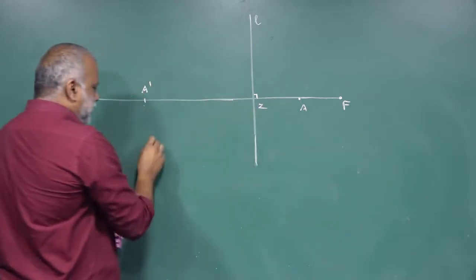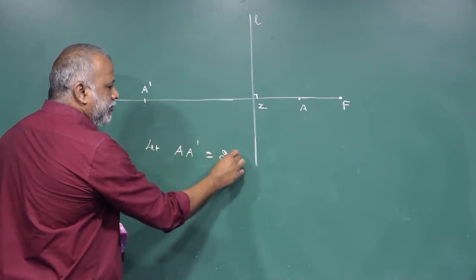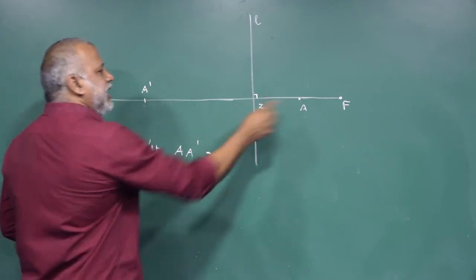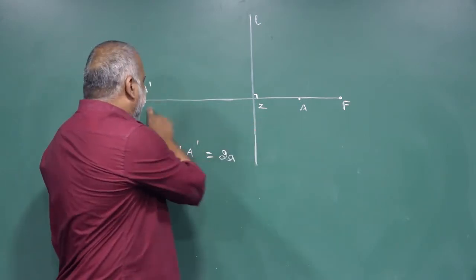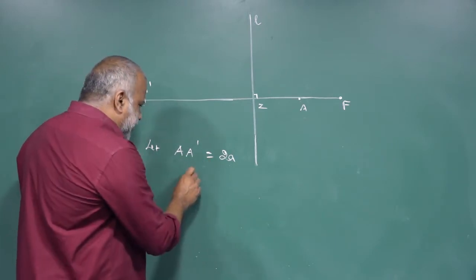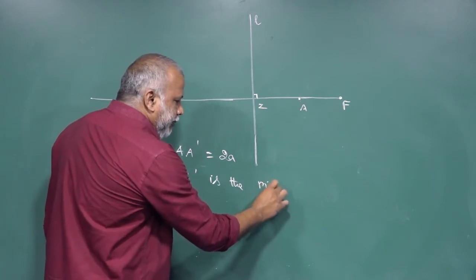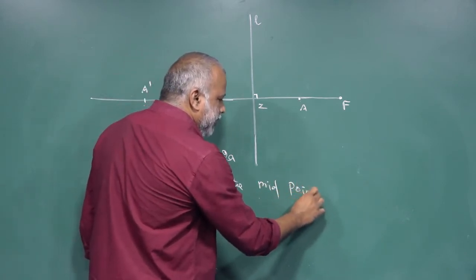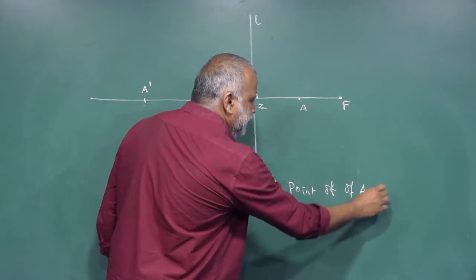Now let AA dash equal 2A. So we have some distance between A and A dash. Let us consider the distance is 2A. We are considering it is a constant 2A. C is the midpoint of AA dash.